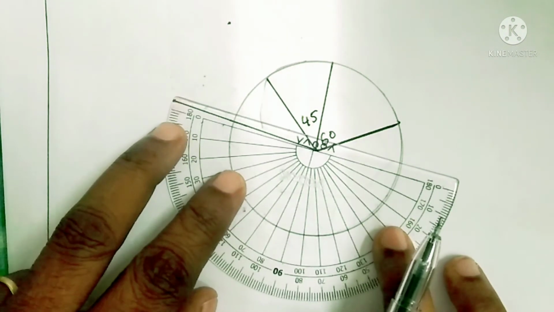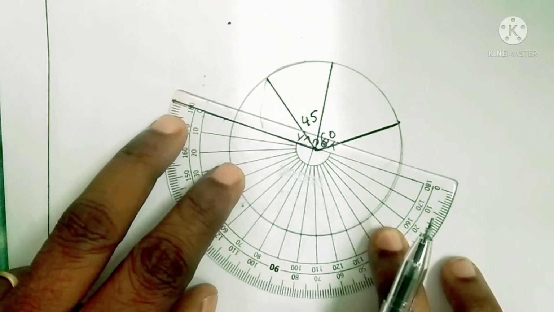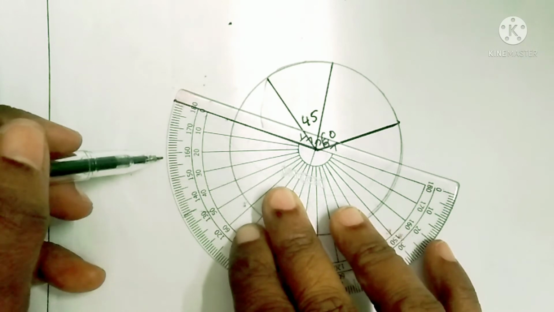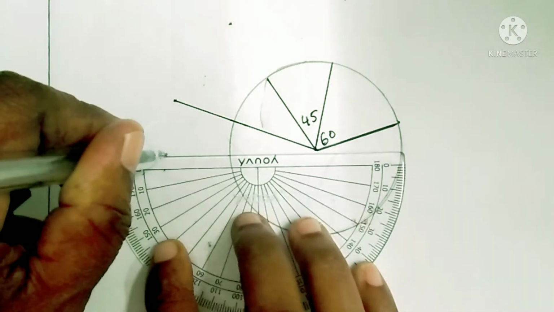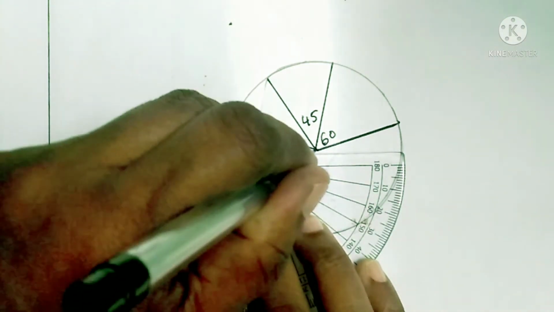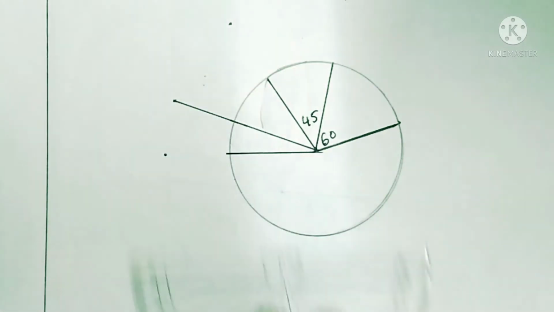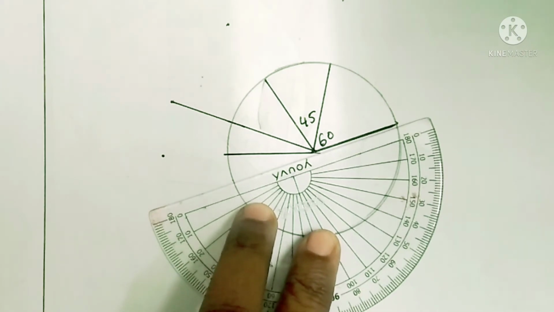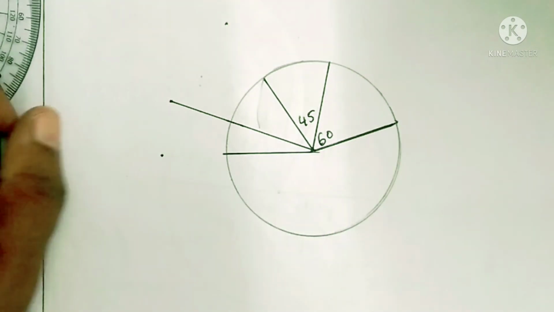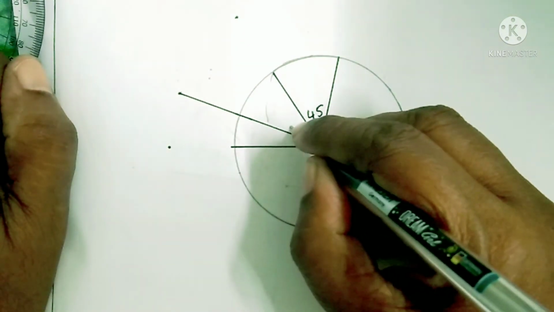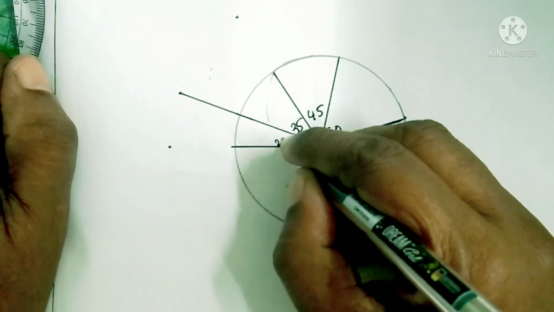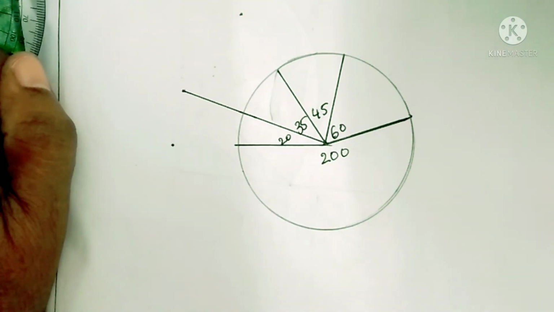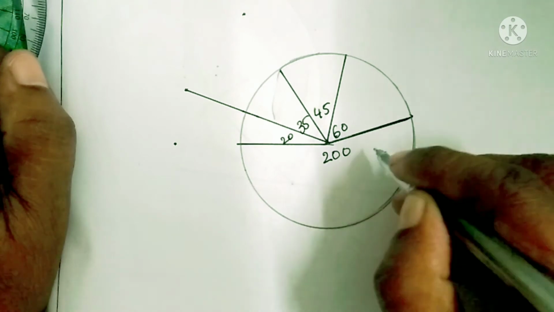So keep it and mark 20 degree. So you got this angle. You see here, this is 180 plus 20 it will be. So this is 35 and this is 20 and this full will be 200.